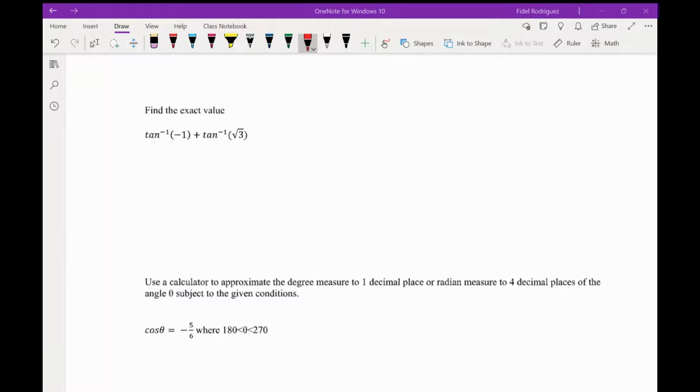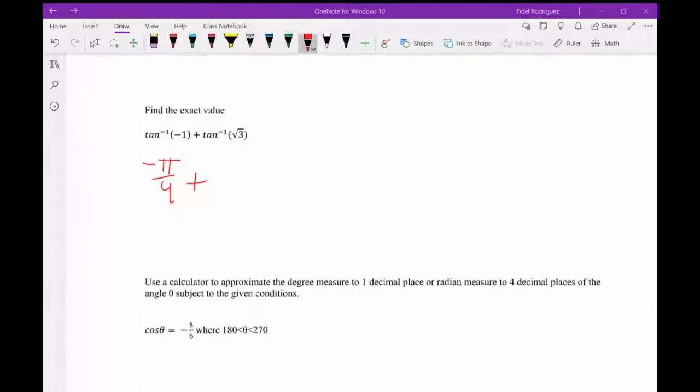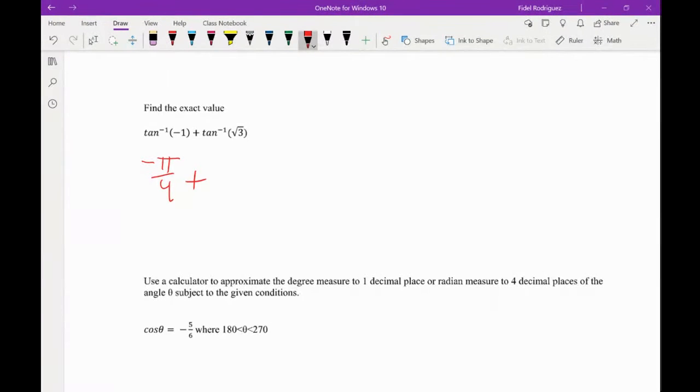What's the inverse tangent of -1? Negative pi over 4, right? Because we got that right here. So we're going to put negative pi over 4 plus, what about tangent inverse of the square root of 3? Pi over 3.